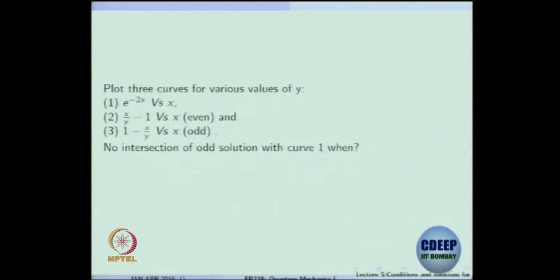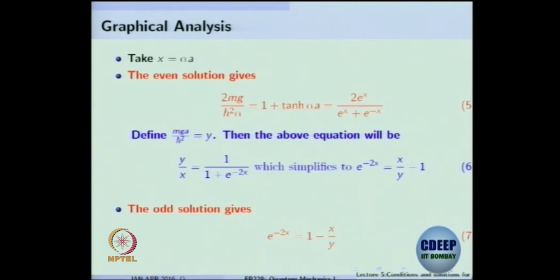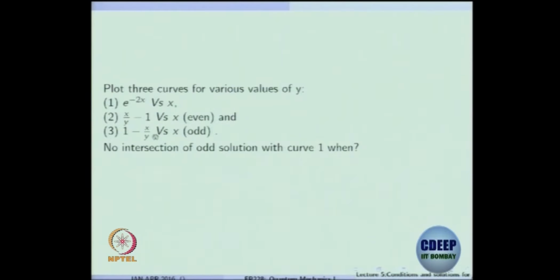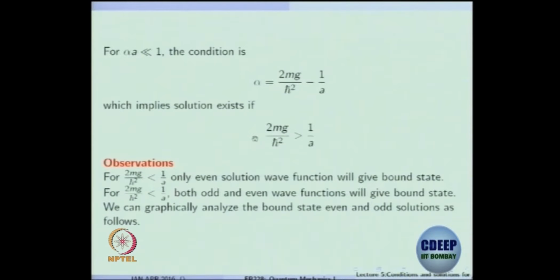Okay, so plot three curves for values of y, e minus 2x versus x, x by y minus 1 versus x. Is that the even function? Yes, that's an even function. And 1 minus x by y versus x for the odd function. So you have to check no intersection of odd solution with curve 1 when this y, that condition we already have, if you remember.